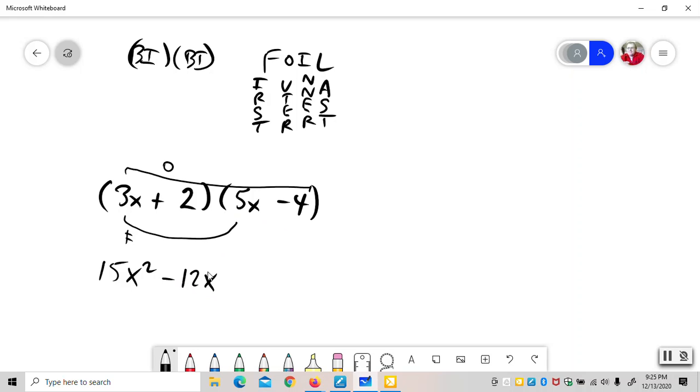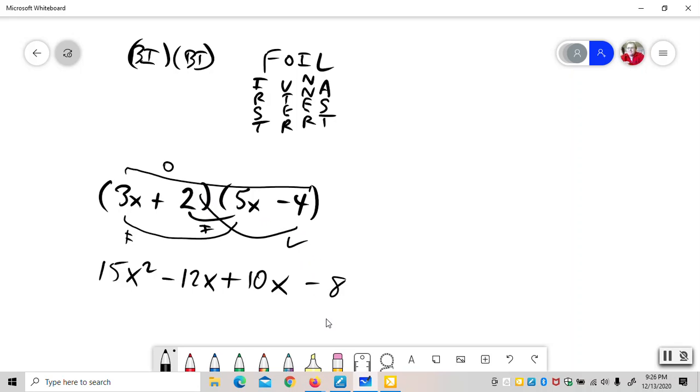The numbers times each other and the x is unchanged. Then you multiply the inner terms. 2 times 5x is 10x, and it's positive. Last but not least, you multiply the last terms. So 2 times negative 4 is negative 8.